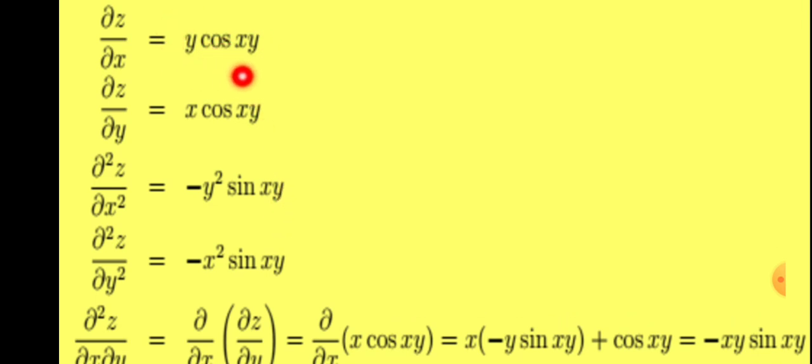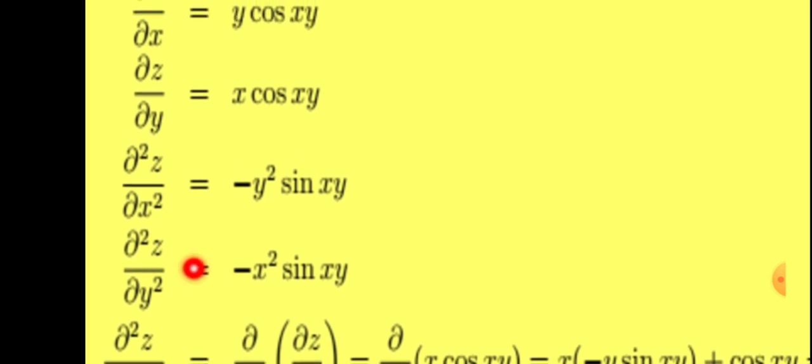You have to find the derivative of this function one more time with respect to x. The derivative of cosine is negative sine xy times the derivative of what's inside with respect to x, which is y, and y times y, which is outside, equals y squared.